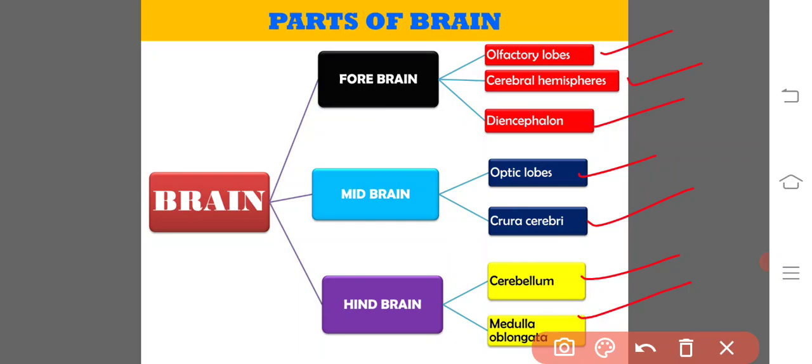The forebrain is also known as the prosencephalon, midbrain mesencephalon, and the hindbrain rhombencephalon. Let us see one by one.